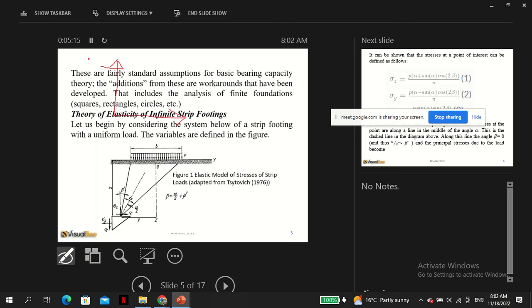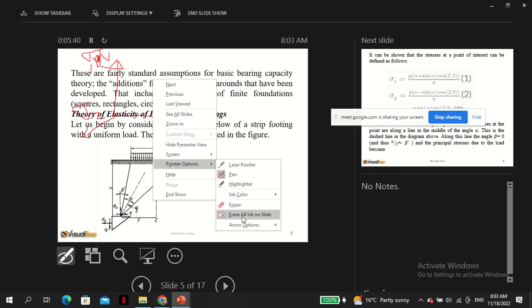So this is sigma y. Let's say sigma 3, sigma 1, and sigma 2, 90 degrees to each other.